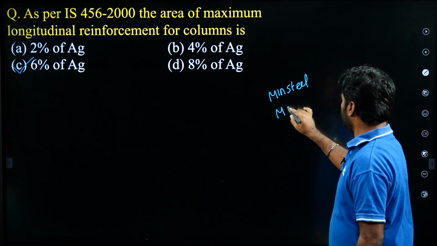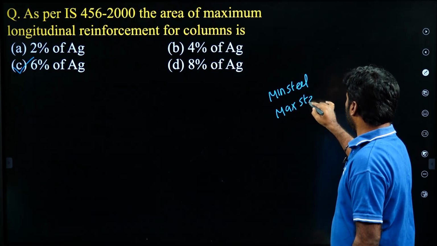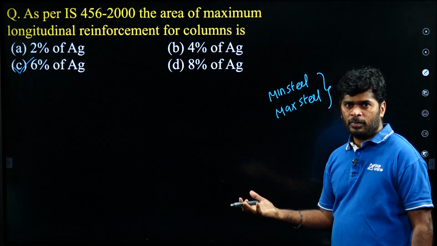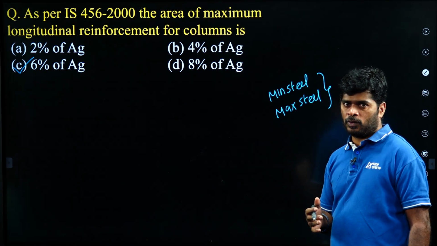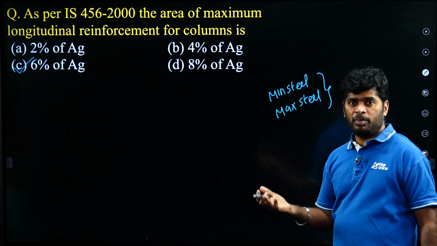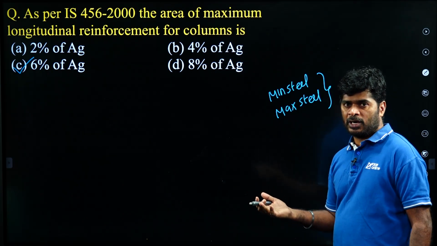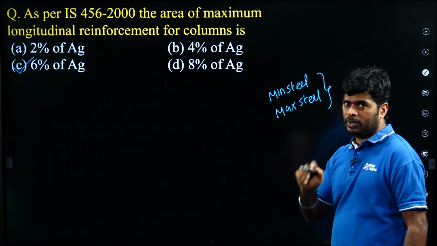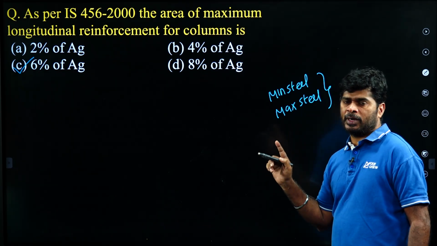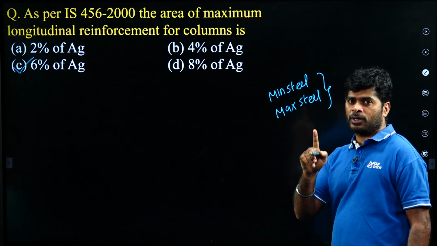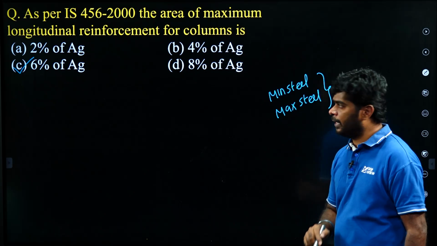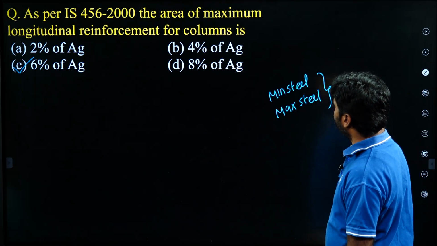Maybe they will ask minimum steel for a beam, or for a slab, or for a column. Similarly for maximum steel. But one question is compulsory based on the reinforcement, minimum or maximum. Based on cover, one question. Based on steel, one question you can expect in the exam. Then come to the next one.